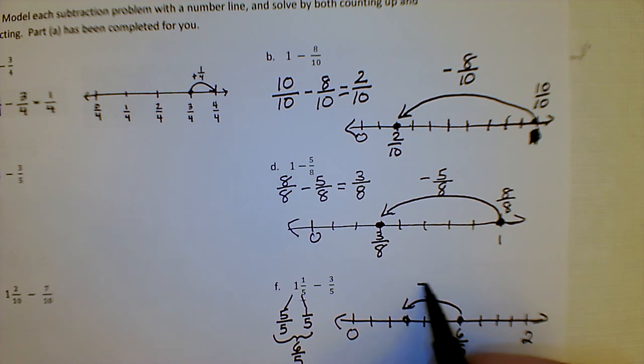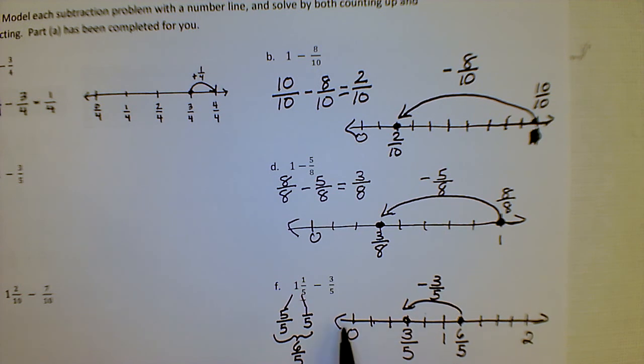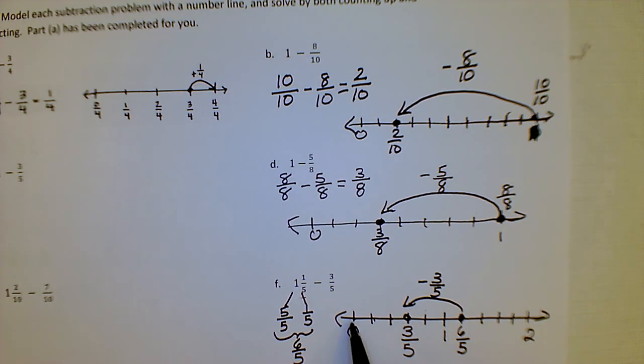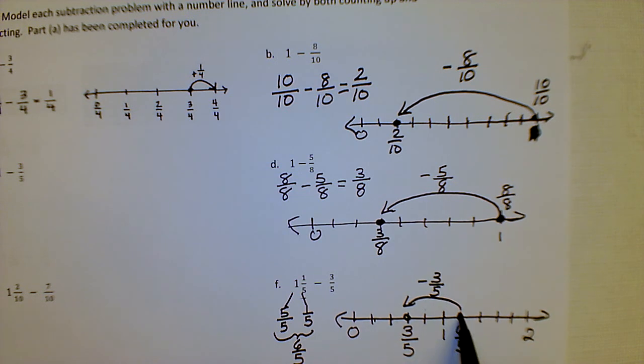We need to model that we just subtracted 3/5. And now let's see what we're at. 1, 2, 3. I hope that everyone is noticing how I'm hopping. Every time I want to count, I can't say 1 here. I have to hop and say 1. So 1, 2, 3/5. Okay, so we did this and it looks great. We had a chance to show that 1 and a fifth is the same thing as 6/5. We subtracted 3/5 and we ended up with 3/5.